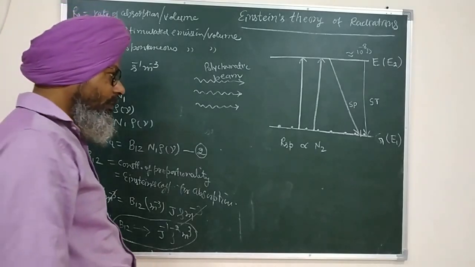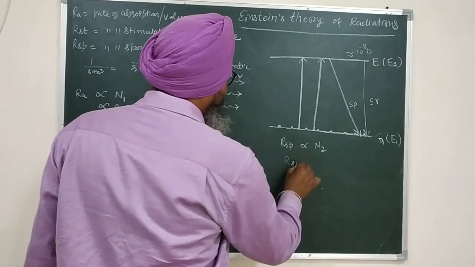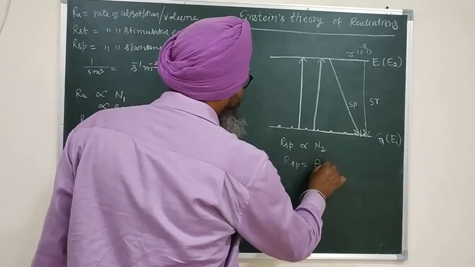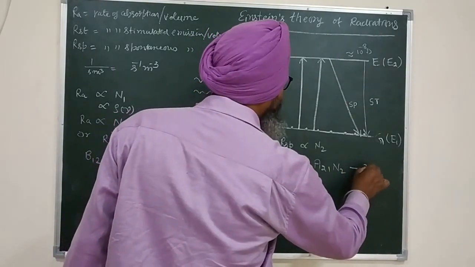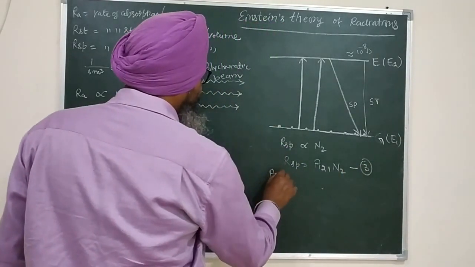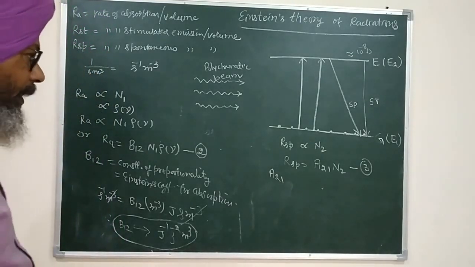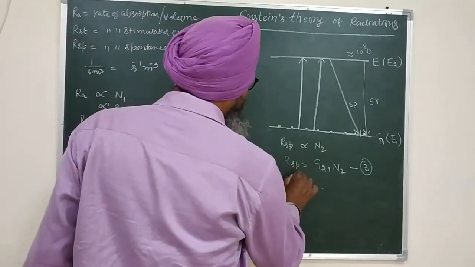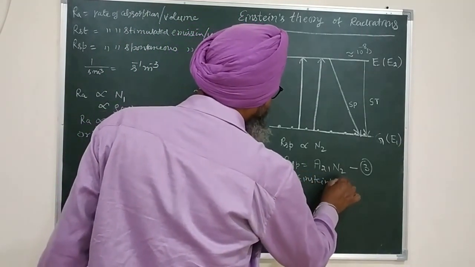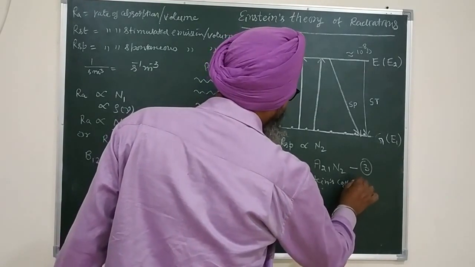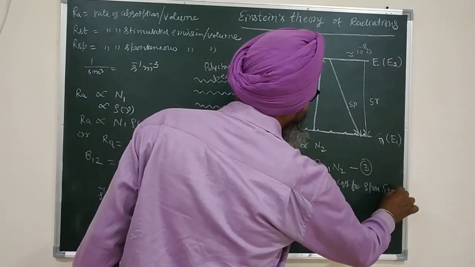I want to convert this proportionality into equality. I would get Rsp is equal to A21 N2. This is equation number 3. Here A21 is again a constant of proportionality, called Einstein's coefficient for spontaneous emission.